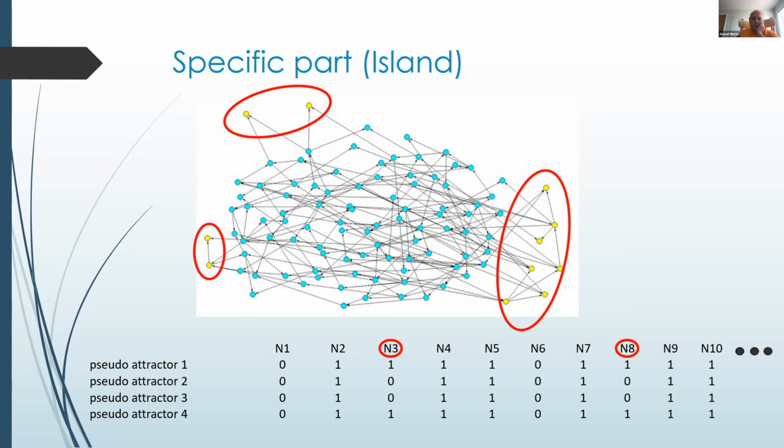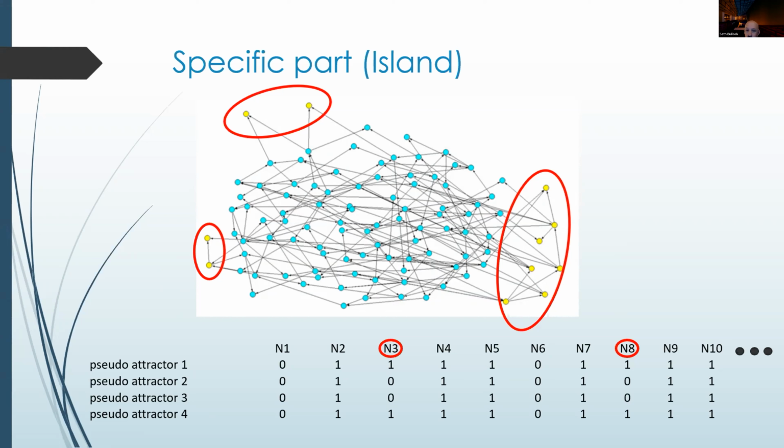Do we have other questions? I might have a quick question. Please, Seth. I'm not sure whether I understood, but under N3 in that table, let's imagine that in one of the pseudo-attractors it is a limit cycle.